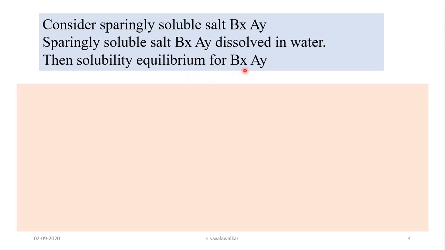Then the solubility equilibrium for this salt is: BxAy gives B ions and A ions. A very small amount of BxAy goes into the solution, and that dissolved part forms equilibrium with its ions. So x moles of B ions and y moles of A ions go into the solution and establish equilibrium between the sparingly soluble salt and its ions in aqueous medium.